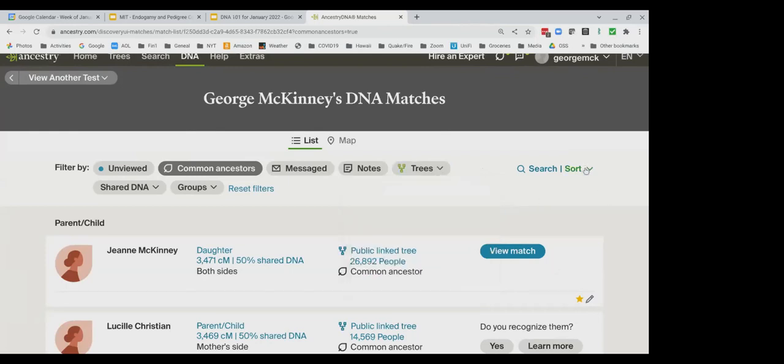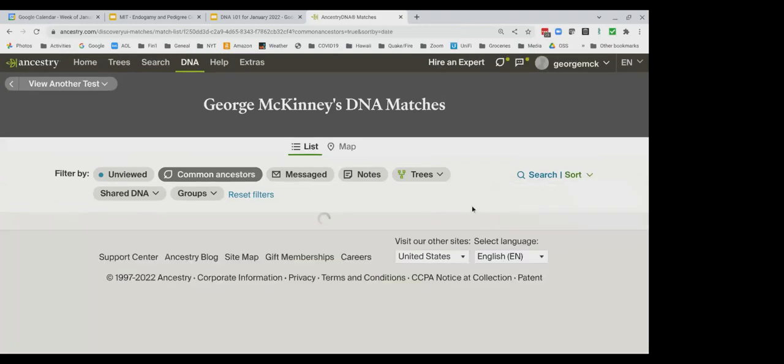We can do sorting by relationship or by date. So let's say you've been doing this for a while, and what you're really interested in is the people that have come in more recently. So I could go by date.